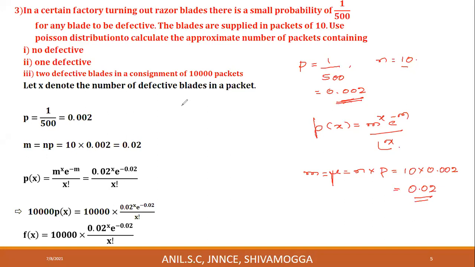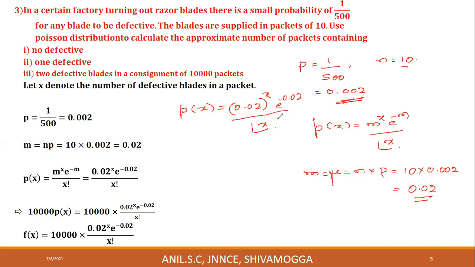We can easily construct the probability function. P of x is equal to m power x, m is 0.02 whole power x into e power minus 0.02 whole divided by x factorial.